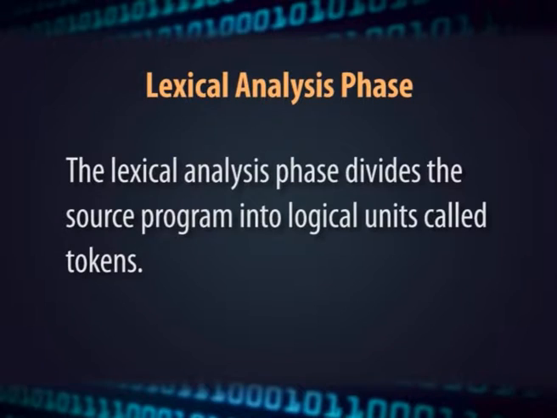The tokens in a high level language include keywords, identifiers, operators, constants, numeric, character and special characters, comments and punctuation symbols. The lexical analysis phase divides the source program into logical units called tokens. Thus, the input to the lexical analysis phase is the source program and the output is the stream of valid tokens.